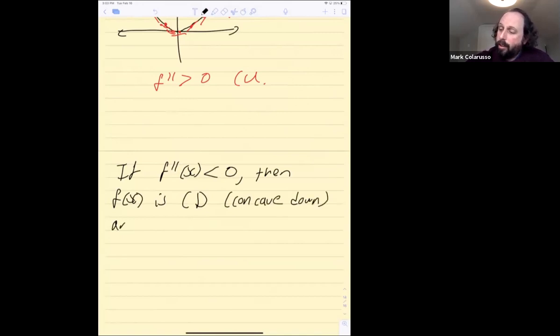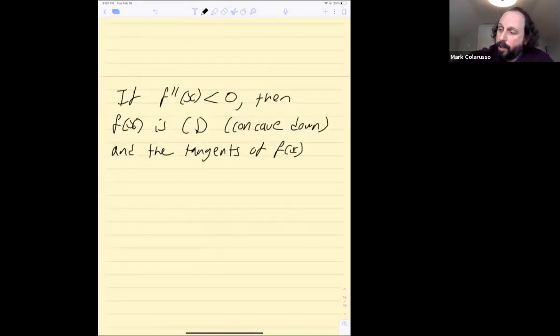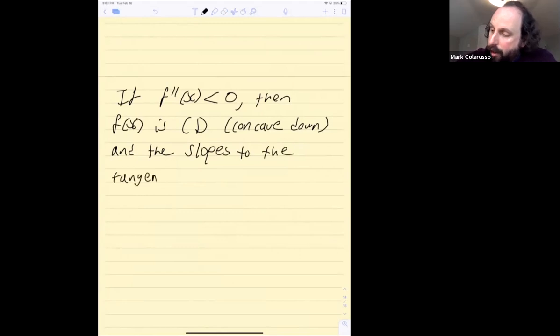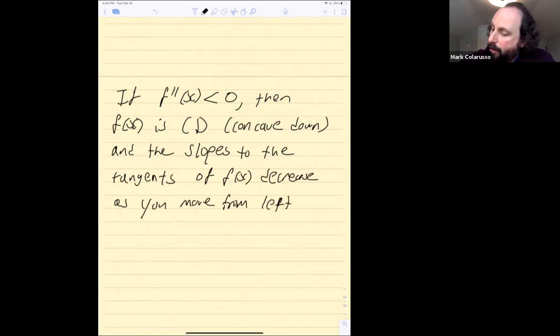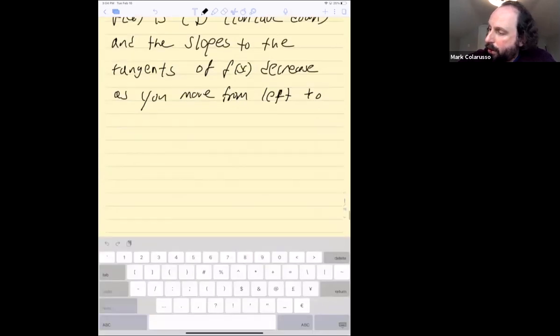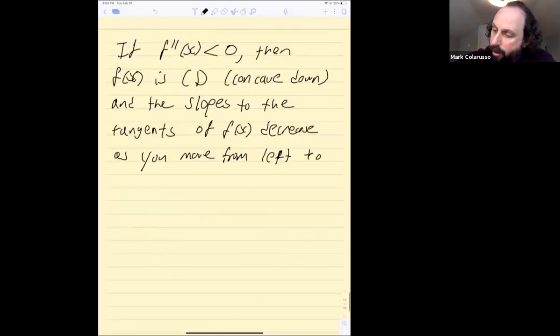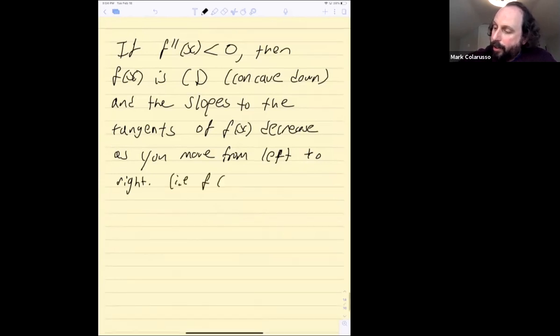And the slopes of the tangents of f at x decrease as you move from left to right, i.e. f prime at x is decreasing.